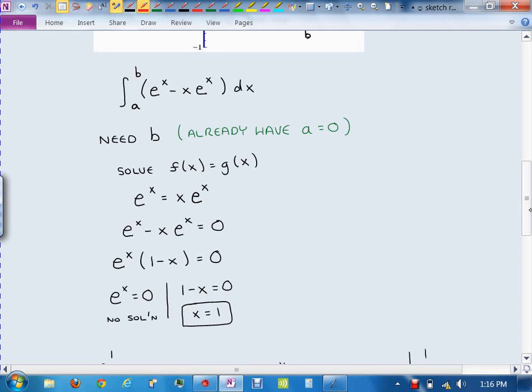You can move x e to the x to the left side. You can factor out an e to the x. You can set each of these equal to 0. E to the x can never be 0, so there's no solution here. 1 minus x is 0 at x equals 1. And that's it. So you have your a and your b now.